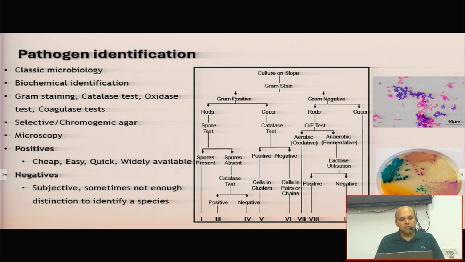Some negatives can be that it is subjective, and sometimes there is not enough distinction to identify species. Because obviously if you have an infection from Staph aureus or Staph epidermidis, during gram staining you will just see cocci in clusters because it is staphylococci, right? You are not able to differentiate at the species level whether it is aureus or epidermidis, because the species are very distinct.